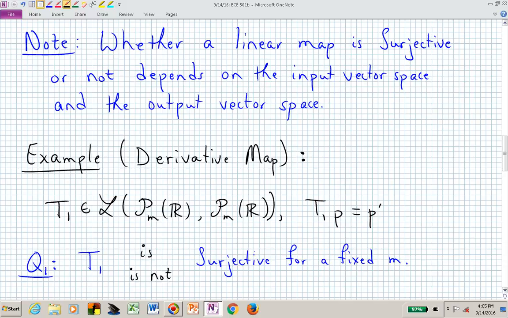They're polynomials of order m. And we want to know, is this derivative map surjective for a fixed m? You can fix m at 2, and think about differentiating a second order polynomial. Does that get you to anywhere in this second order polynomial vector space? Is this linear map T sub 1 surjective, or is it not surjective?